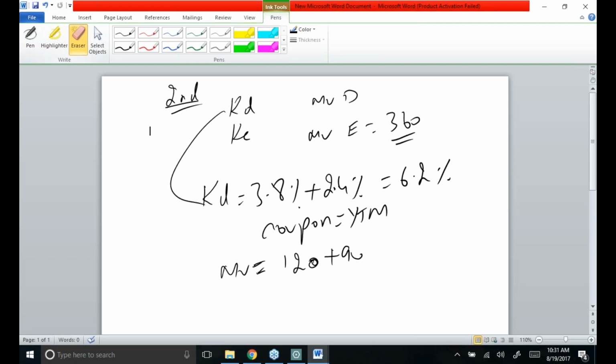So 120 plus 70 million, that's how you calculate its market value.